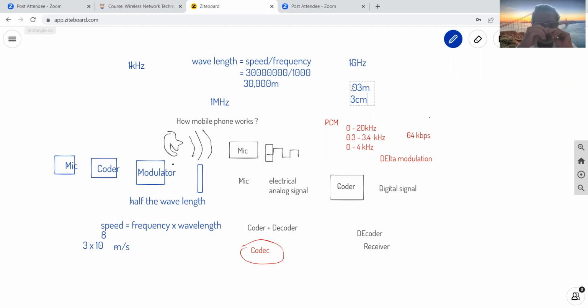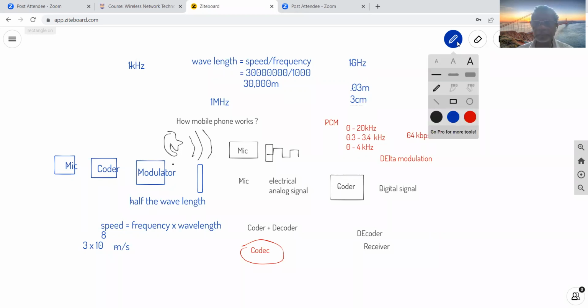So normally these signals are transmitted in the gigahertz range, maybe about 2 gigahertz. So when the modulator converts the digital signal to an analog signal, you then have to convert it to a high frequency signal.